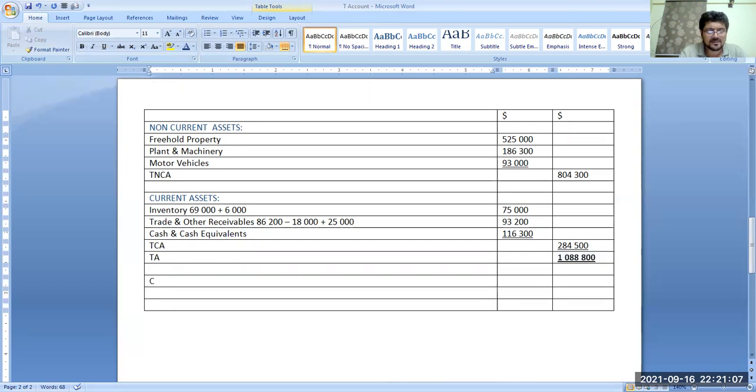Now come to the heading current liabilities. Next heading. We have current liabilities, trade and other payables, 64,800.